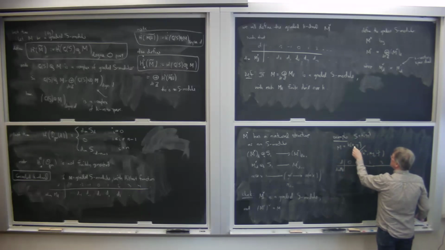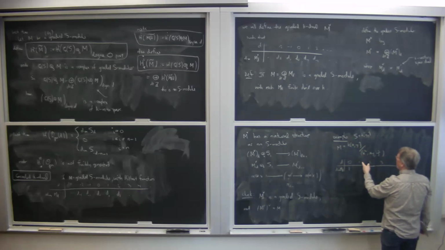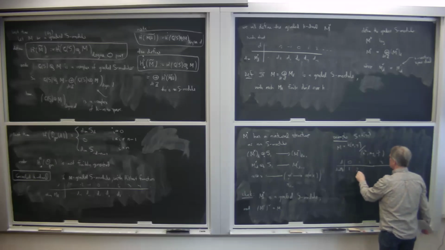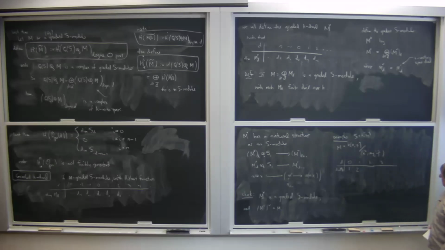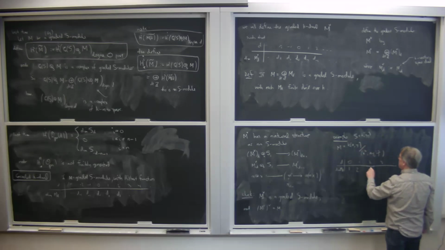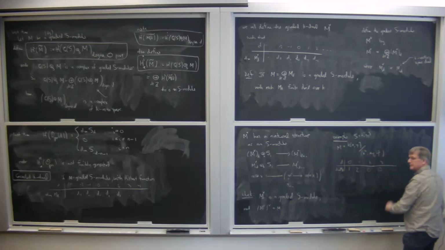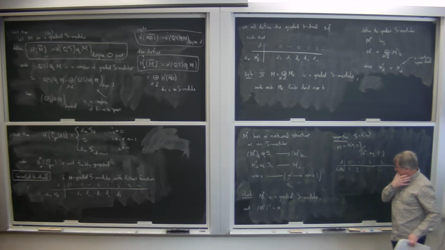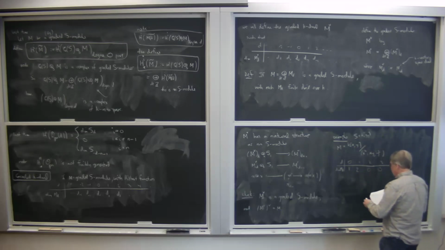In degree 0, the only element is 1. In degree 1, both linears survive as elements, so we get 2. And in degree 2, what's left? Nothing. This is equal to 0 in degree 2 and anything higher. Okay, so the Hilbert function of this is just a simple 1, 2 in this case. And now what is M dual?